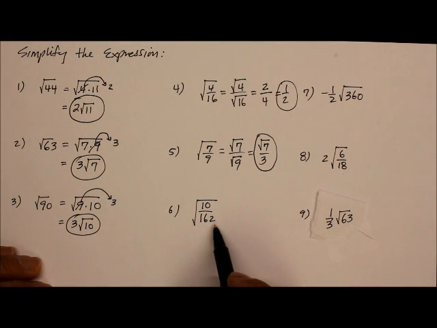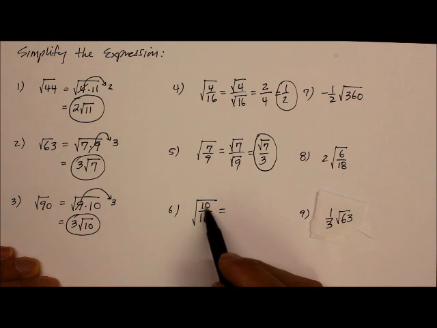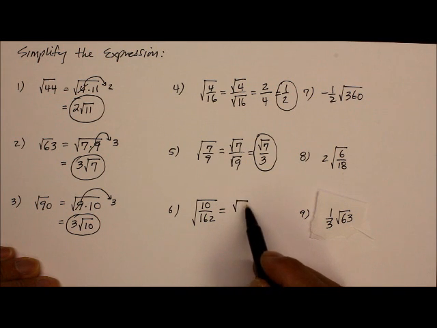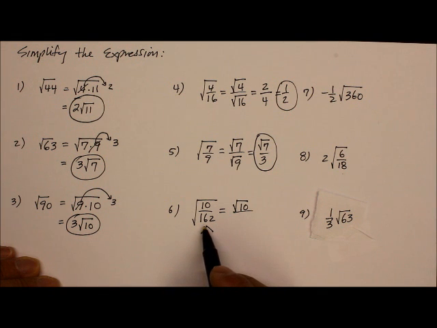Then this one? Yeah, now you realize that in this case, square root of 10 cannot be simplified, so it's still square root of 10. But square root of 162, let's see. Let's do a prime factorization. Let's see, 2 goes into 162 81 times.